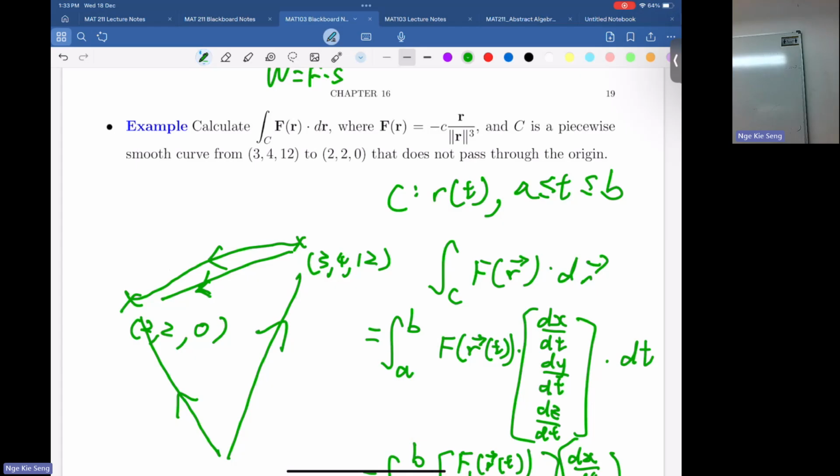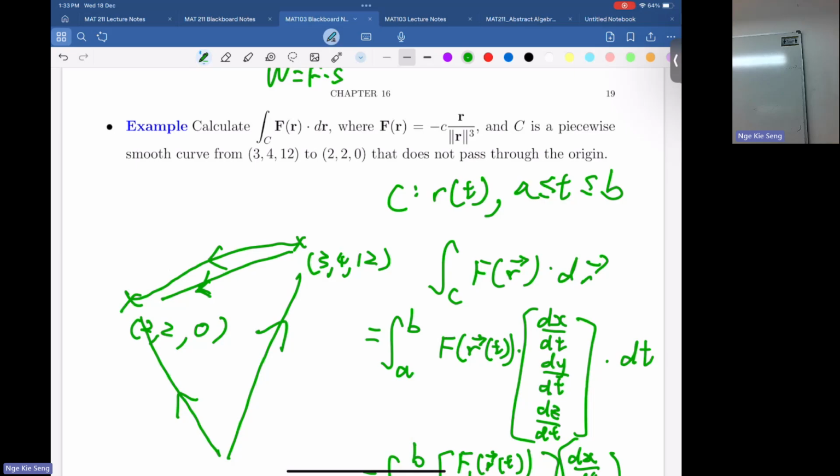Just now, a student was suggesting we should use a straight line connecting (2, 2, 0) and (3, 4, 12) here, but you cannot do it. Why? Because the question doesn't tell you that. It just says any piecewise smooth curve. You don't know how the curve moves, but you know it's a piecewise smooth curve. But we're going to use the fundamental theorem of line integrals here.